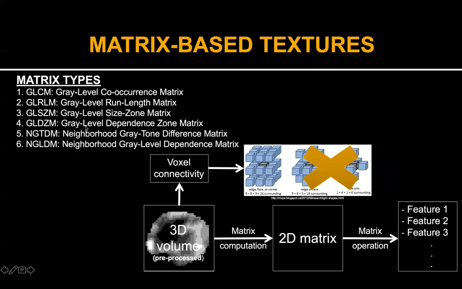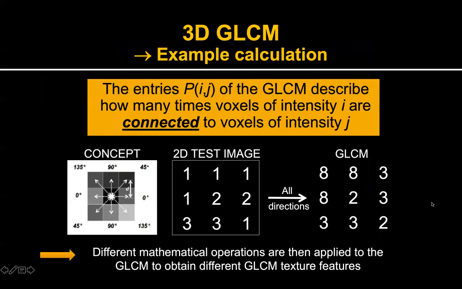So this matrix has 6 different types, so 6 different matrices, and from these matrices, you calculate different features. For example, a feature you can calculate is from the gray level co-occurrence matrix, where you look in different directions at how many voxels, let's say, of intensities 1 and 2, how many times they are neighbors in all directions, basically.